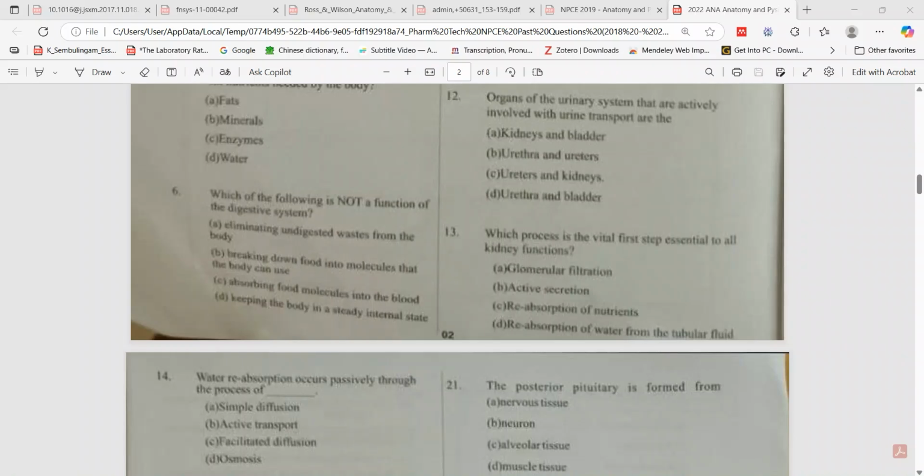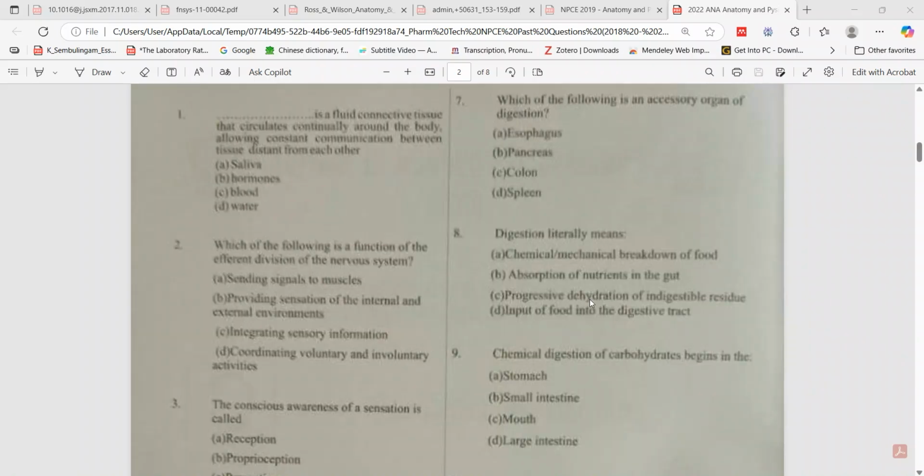Which of the following is an accessory organ of digestion? Esophagus, A. Never. All the gastrointestinal tracts are part of the main organs of digestion.